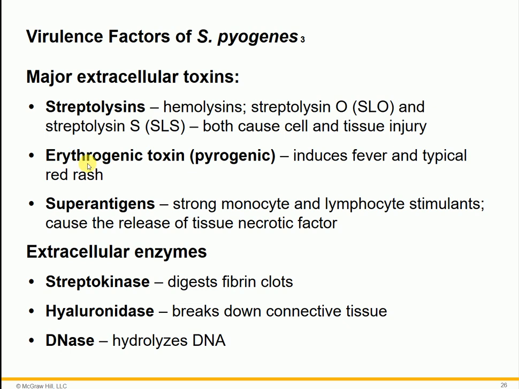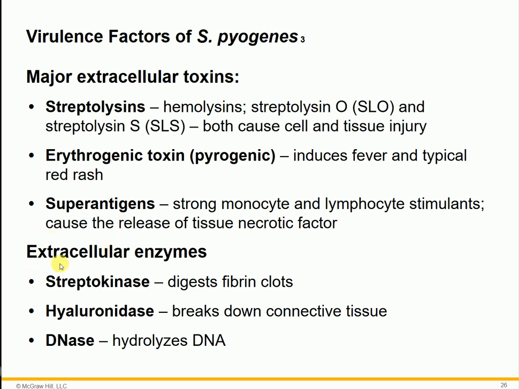There is an erythrogenic, also known as a pyrogenic toxin. The erythrogenic toxin is called that because it leads to a red skin rash. It's also known as the pyrogenic toxin because it causes a fever. And another toxin is the superantigens. These superantigens, as we've discussed previously, can lead to massive overstimulation of the immune system.